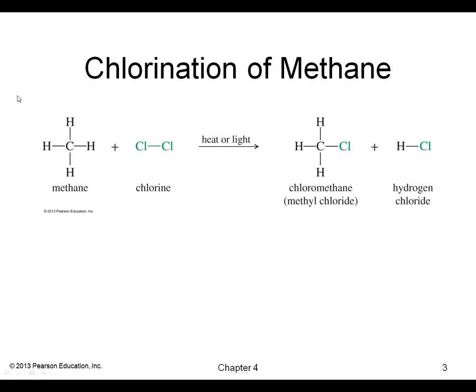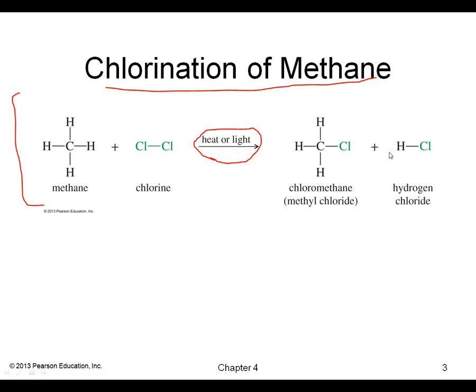This chapter begins by looking at the chlorination of methane, and here we use heat or light to initiate this reaction. Remember, this reaction is a free radical reaction, and this is the overall reaction here, methane plus Cl2.